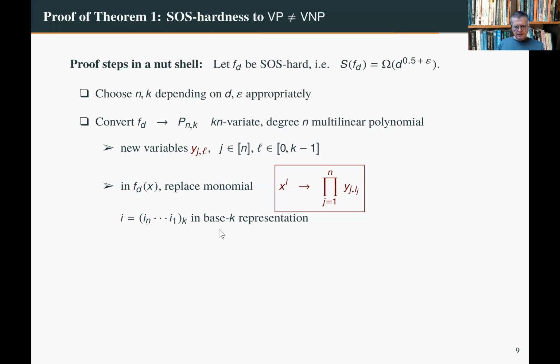And this is done such that the variables we take are chosen depending on the base k representation of i. And when you do it that way, you can also reverse the process, because that is an injective function. And so you can go back from p_n,k to f_d by this transformation. I mean, this you have to check.